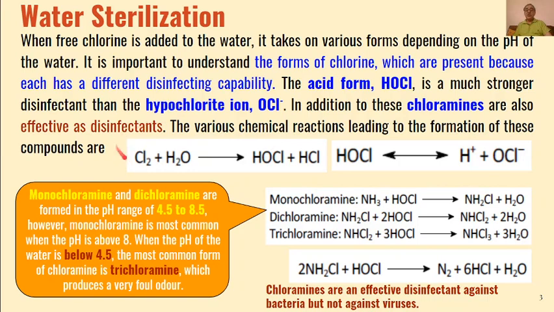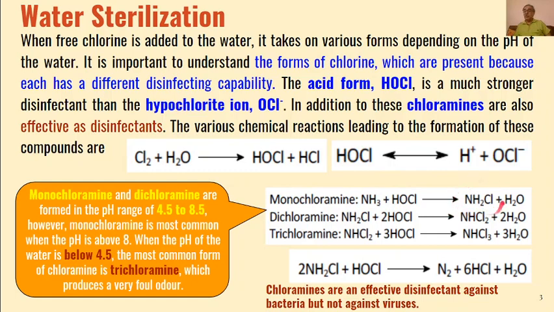As I've told you, chlorine reacts with water to give us HOCl, and this HOCl dissociates into hypochlorite ion. These two, HOCl and OCl-, at different pH can form different products. For example, if we add ammonia to water, then this HOCl will react with that ammonia, and we will get monochloramines.